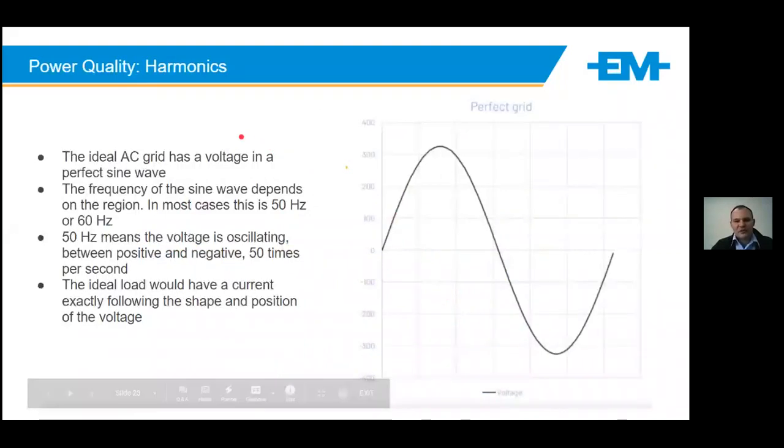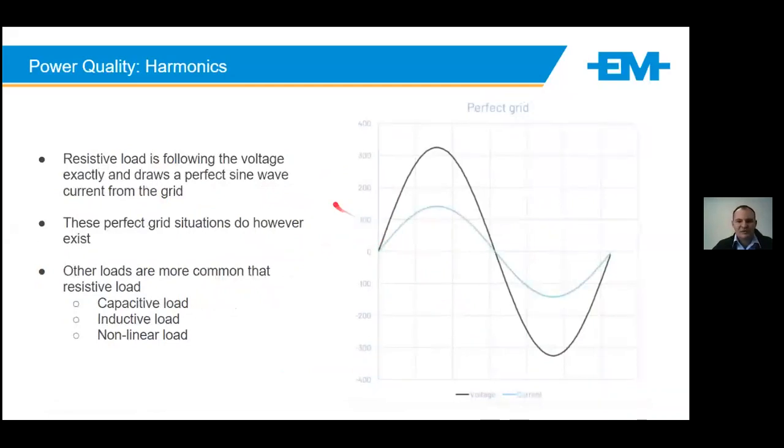So to visually display what this would look like, we've got our voltage waveform. This is the ideal AC waveform at 50 hertz, over 20 milliseconds. The ideal load would have a current shape exactly matching the voltage.